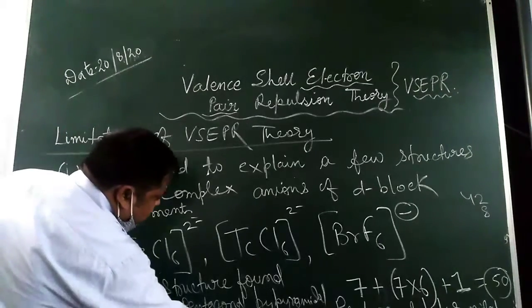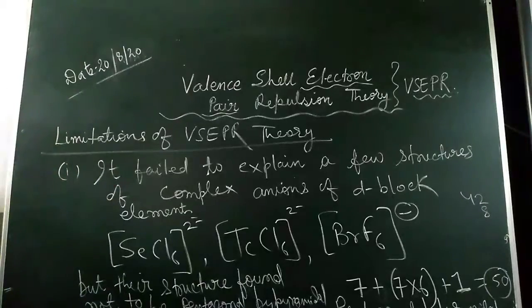The X-ray diffraction method is just a method to find out the structure of molecules experimentally. So theoretically it comes out to be pentagonal bipyramidal, but in reality with experiments it was found that their structure is not pentagonal bipyramidal. This was one limitation.